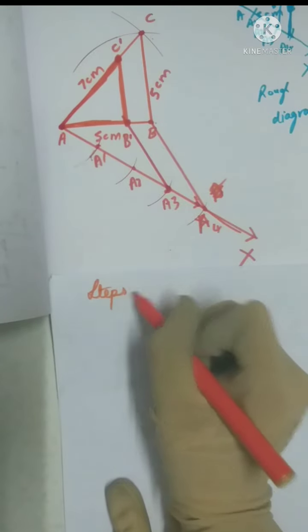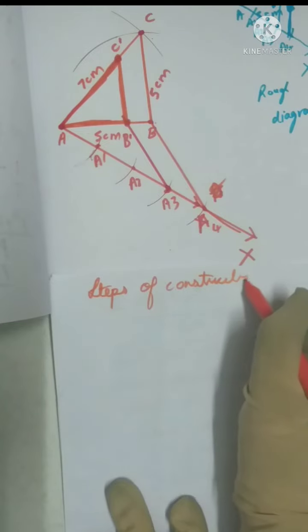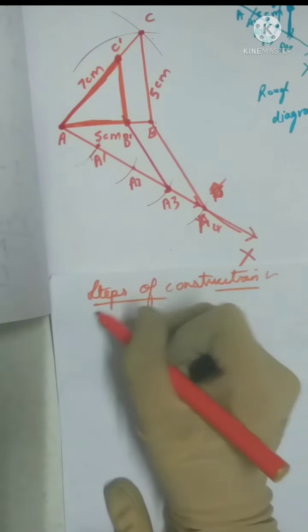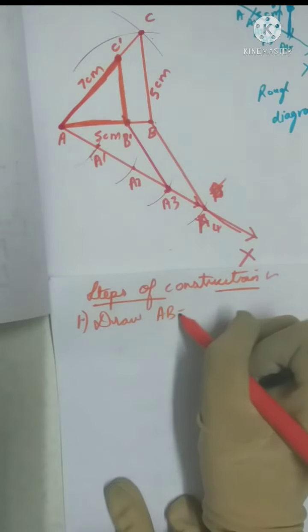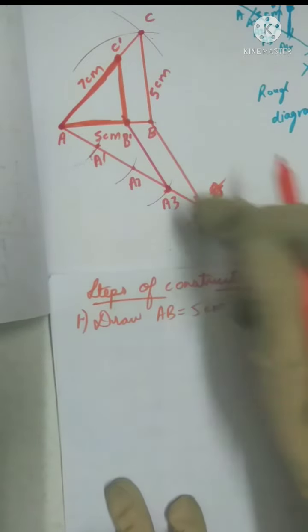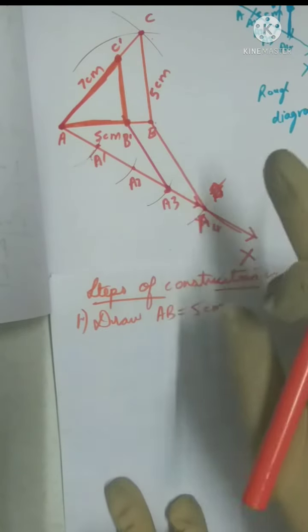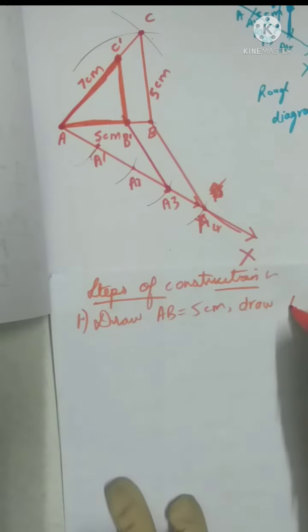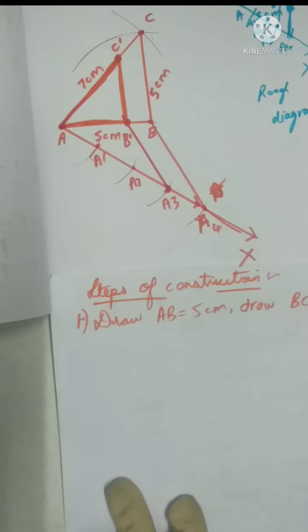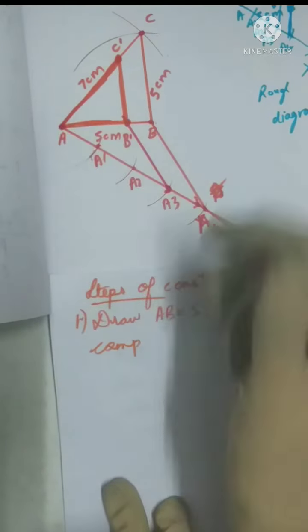Steps of construction. Step 1: draw AB equals 5 centimeter. Next, draw BC equals 5 centimeter with compass, and AC equals 7 centimeter with compass.